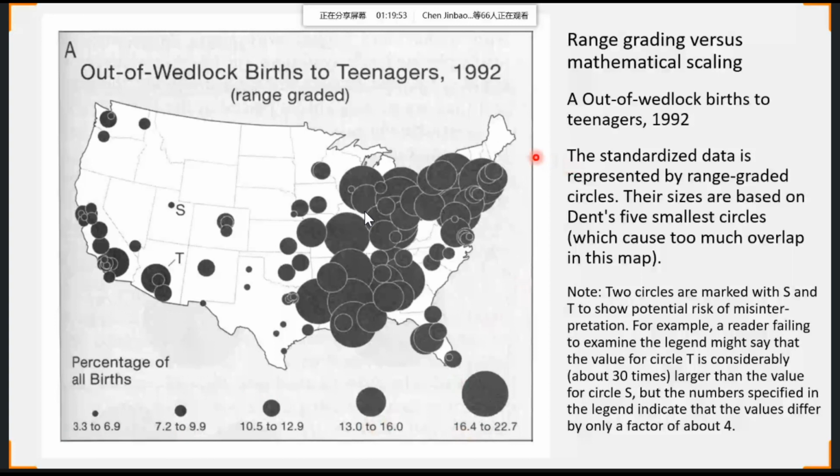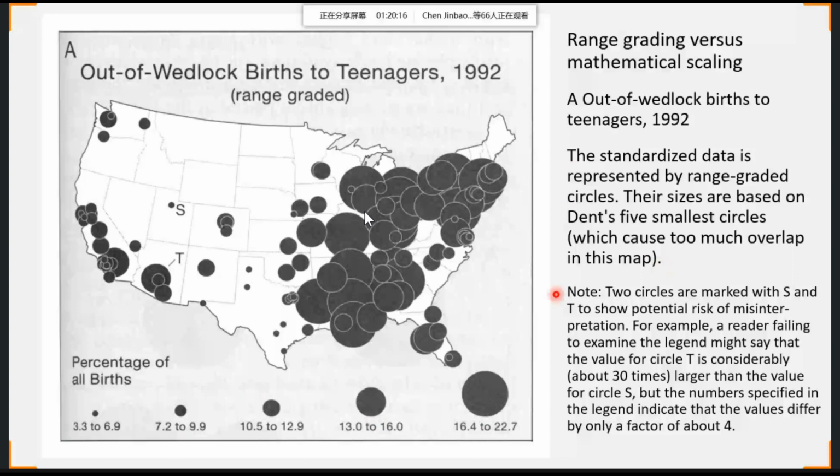The standardized data is presented by range-graded circles. Their sizes are based on 5 smallest circles, which cause too much overlap in this map, by the way. But it's just an example to show you how we can, of course, manipulate also the maps.